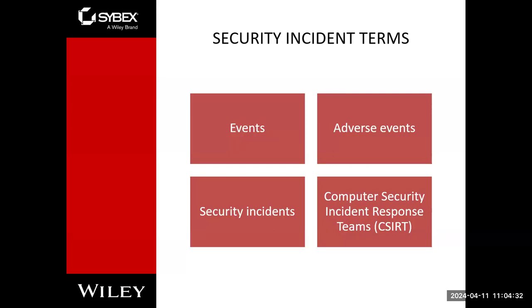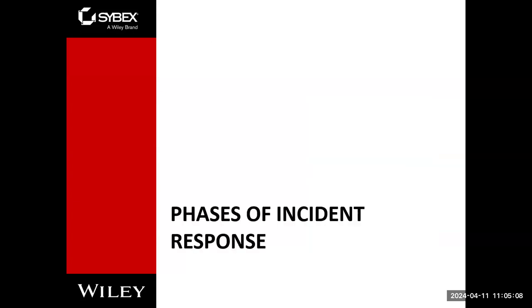A security incident is something that happens that is going to be relegated to some sort of breach or a breach of security protocol. And a computer security incident response team are those incident responders who are formed into teams that respond to these security incidents, and they're responsible for figuring out what happened, when it happened, how it happened, and how to make it never happen again, and also to fix the problems with that incident to get back to status quo.